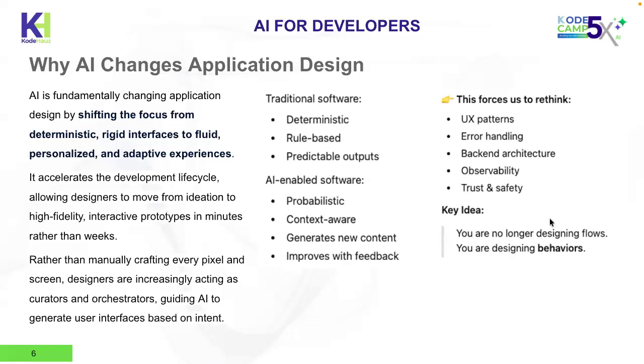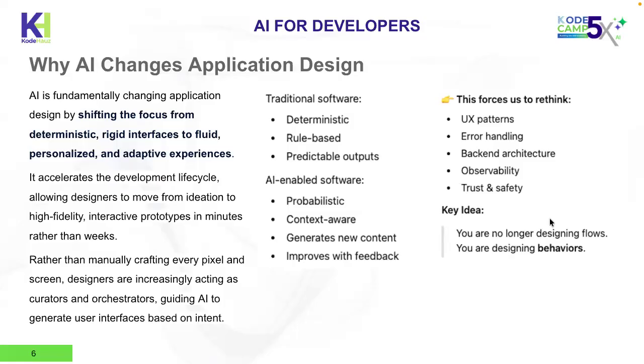Okay. So that is in terms of you using the tools to design your interface. But this same principle also applies to whoever is using your application, right? So things like the user experience patterns, we have to rethink. Error handling, we have to rethink.